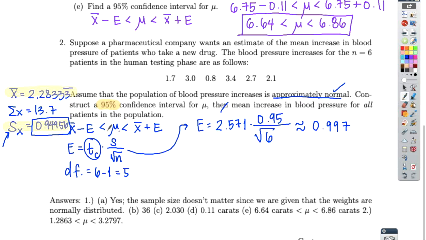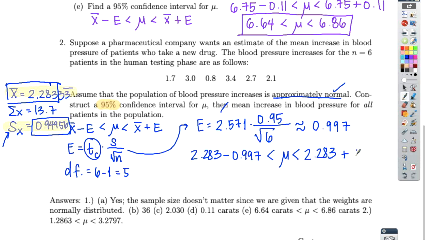So first of all, everywhere I see an X bar, I'll again round this to 2. Maybe I'll round it to 3 because I've got an error that I rounded to 3. So I'll go 2.283. 2.283 minus the error, 0.997, is less than mu, which is less than, now again, sample mean, 2.283, plus the error, 0.997.